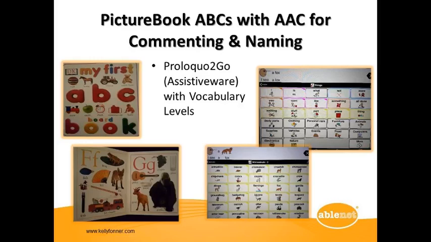So for example here in vocabulary, where you have core words and then fringe vocabulary, there's the idea of using picture books. A lot of kids like to name and a lot of kids like to label, but it's more than just labeling items. You do need a system that has a wide range of fringe vocabulary when you use picture books, because you can't just have core vocabulary, although you can describe things with core.